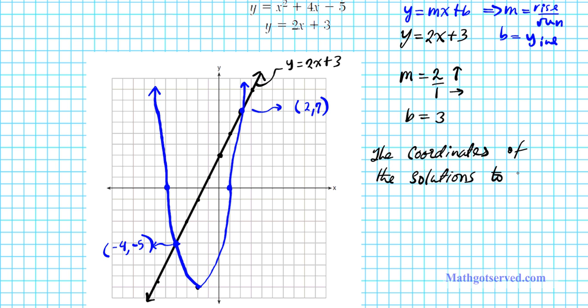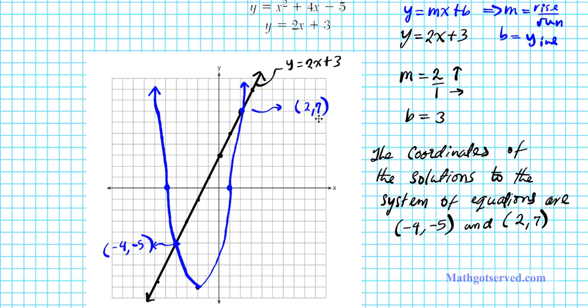Systems of equations. The solutions to the system of equations are -4, -5. That's the first point of intersection, and 2, 7. So you don't just graph it, you must clearly state what the solutions are. It basically indicates that you understand what you're doing.